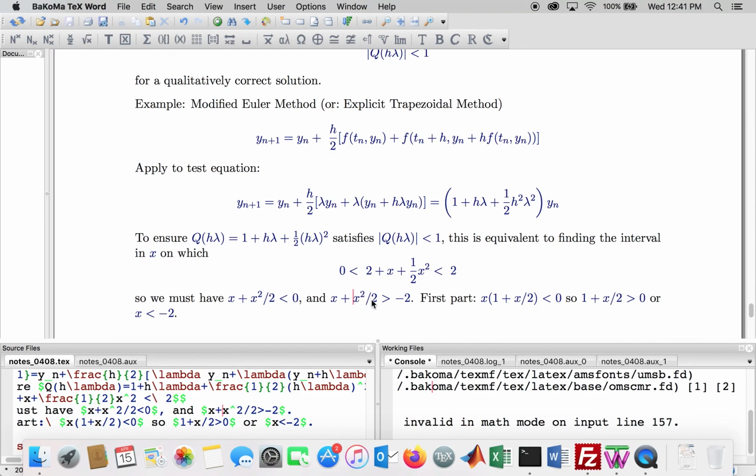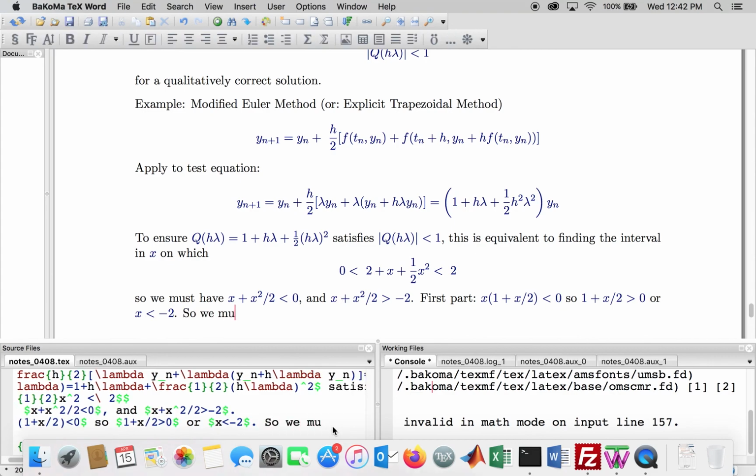X squared over 2 will be between 0 and 2. So if I take something that's already between 0 and minus 2, and I add something to it, at least it will be something that's greater than minus 2. So if this first part is satisfied, this part will be satisfied as well.